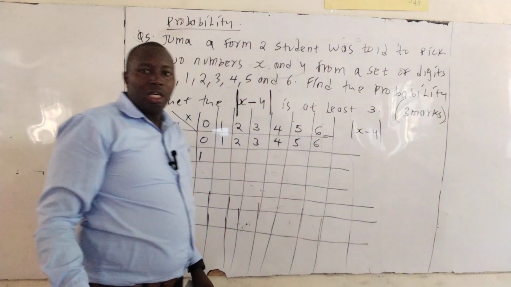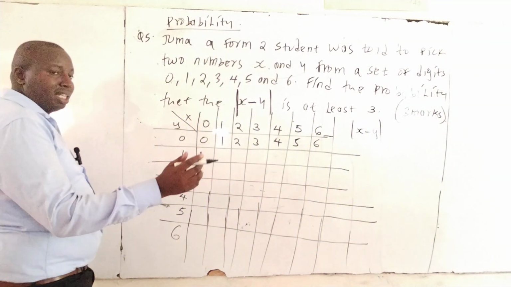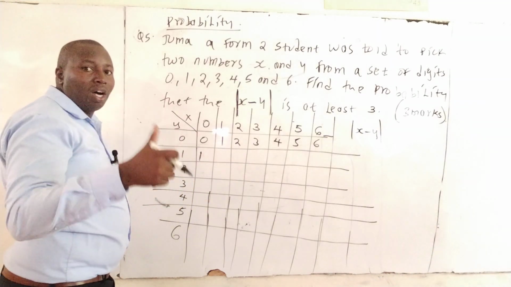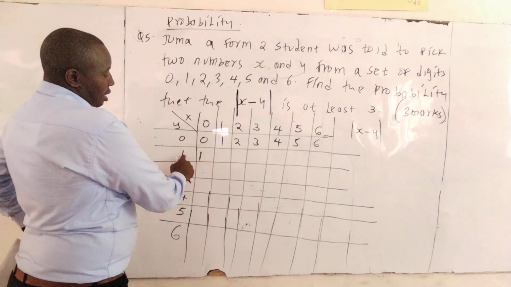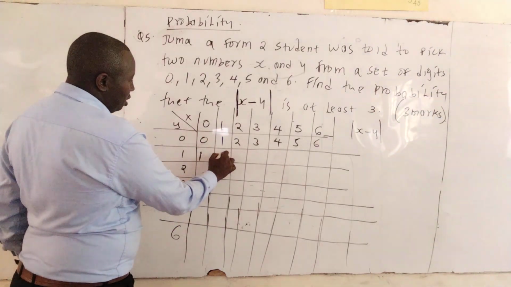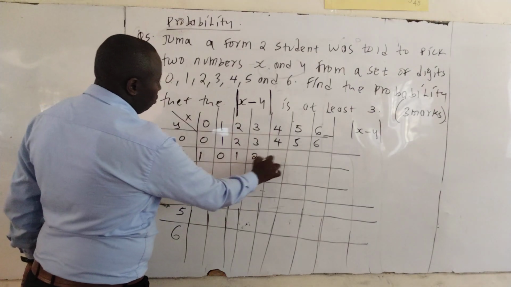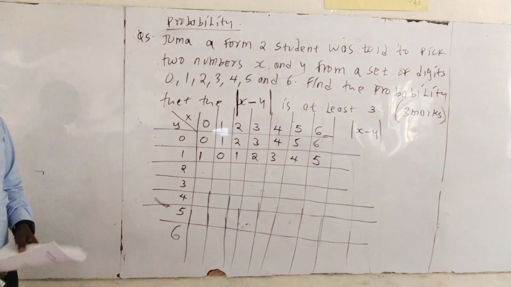If you get the difference as negative, you write it as positive. Absolute values means you take all the values as positive. So 0 minus 1, you take 1. 1 minus 1, 0. Then 1, 2, 3, 4, and 5. So that's what you're supposed to take.